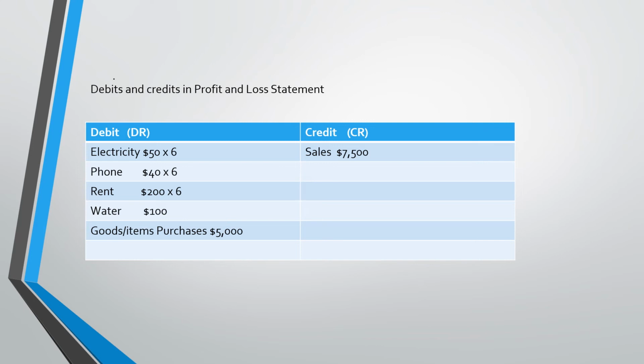You start listing all those items on the left side of the table, and that's the debit side. Now you have made the sales and you want to record it, but the left hand side is already taken by expenses, so you write it on the right side, and that's the credit side of your profit and loss statement. I hope this gives you a very simple basic explanation of how debit and credit works in a profit and loss statement.